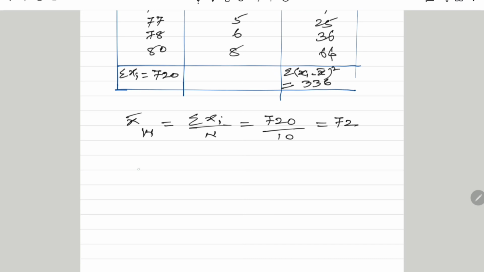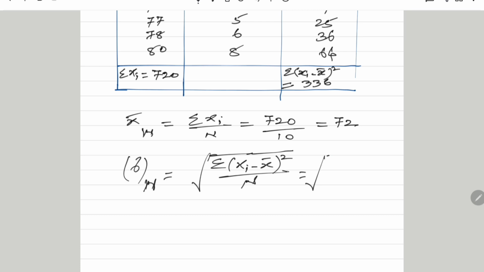Then we find the standard deviation for weight. The formula is the root of the summation of xi minus x bar whole square divided by n. It is the root of 336 divided by 10, nothing but the square root of 33.6, and by calculator that square root is 5.79.